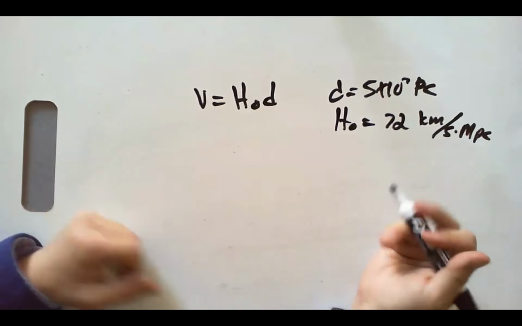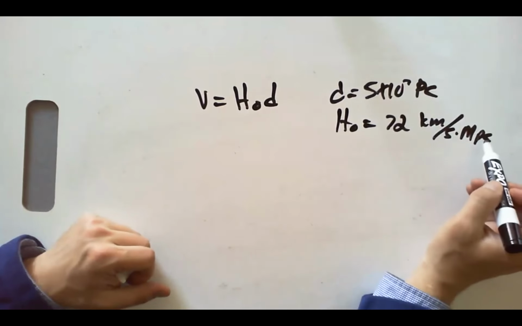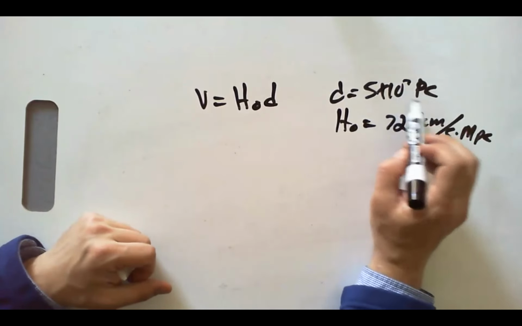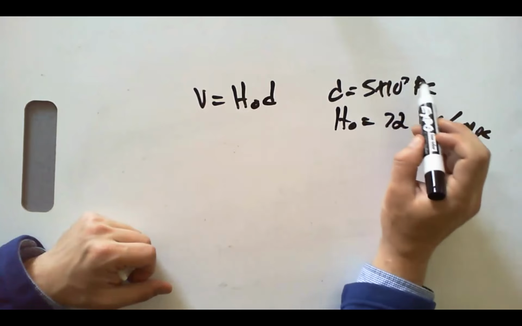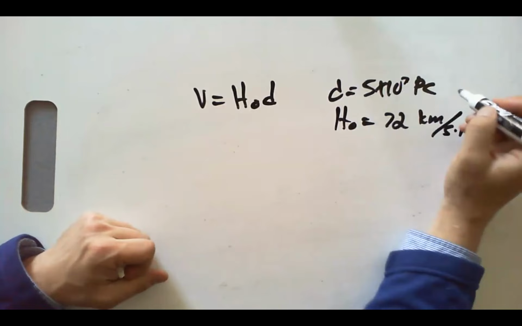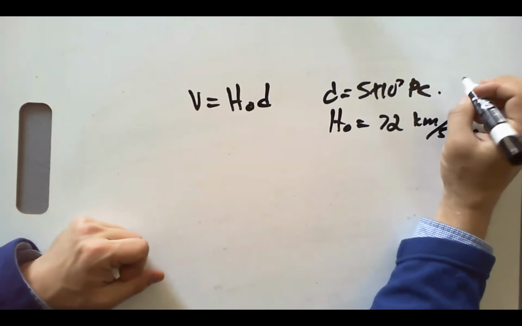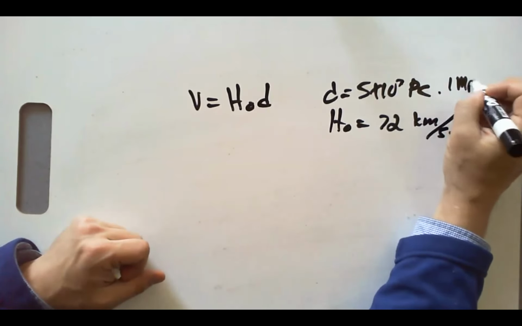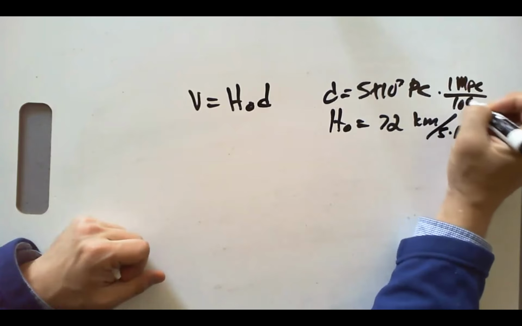Well, all you have to do is multiply those two together, but you're going to want this megaparsec to go away, so you're going to need the distance in megaparsecs. A mega is 10 to the 6, so we multiply by 1 megaparsec for every 10 to the 6 parsecs.